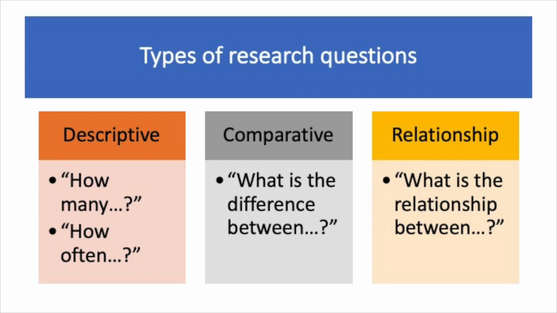So what is the relationship between socioeconomic status and cardiovascular disease, and how does this relationship differ by race? There we have a relationship question coupled with a comparative question. So you can combine these in interesting ways to develop unique research questions for your own projects.